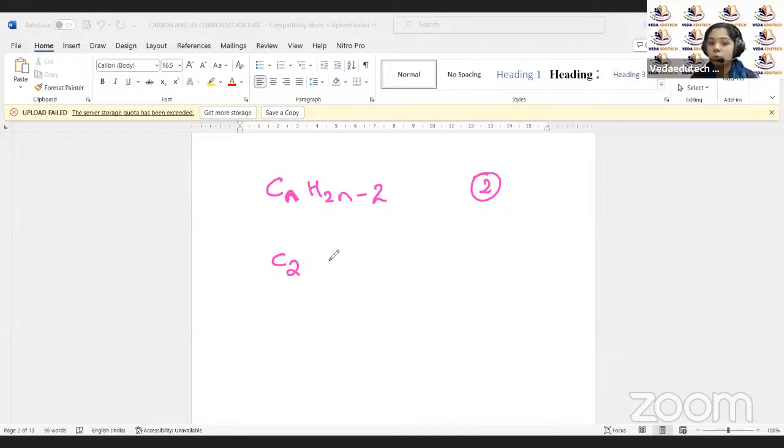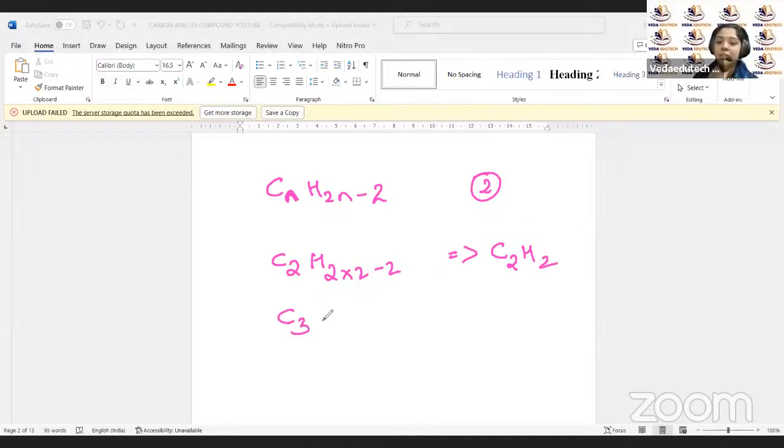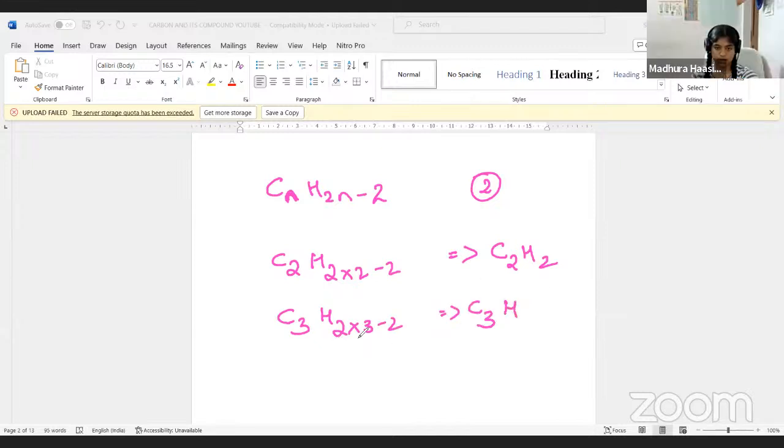If I'm taking 2 here, so H2 into 2 minus 2. So what am I going to get? C2H, 2 into 2 minus 2, C2H2. If I take C3, the number of carbon atoms is 3, so 2 into 3 minus 2, so C3H4.